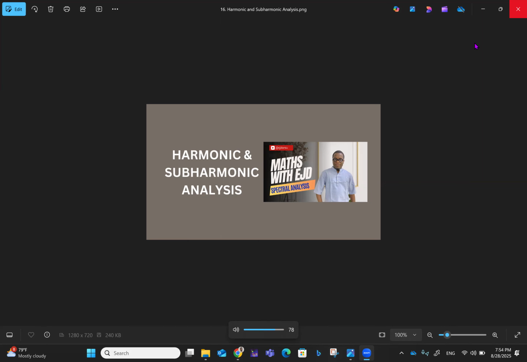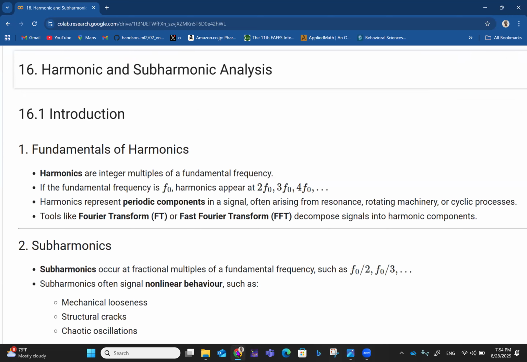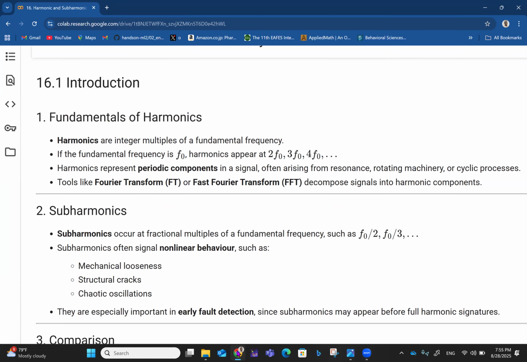We are still talking about spectral radius, and in this video, we consider harmonic and subharmonic analysis. By way of introduction, we'll look at the fundamentals of harmonics first of all. Like we saw in the first or second video, harmonics are integer multiples of a fundamental frequency.